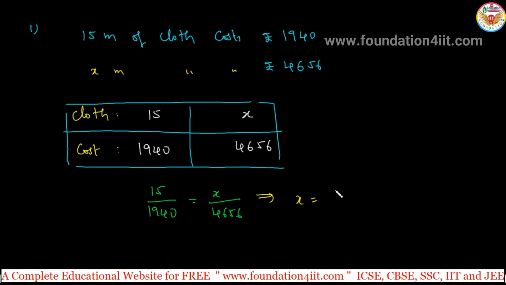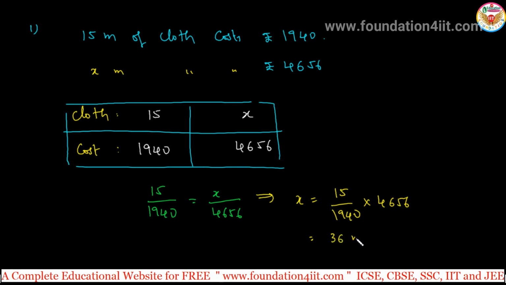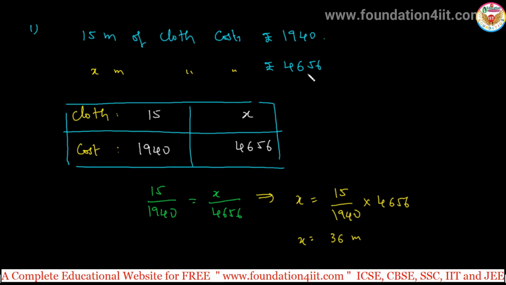X is equal to 15 by 1940 times 4656. You can simplify this and you'll get 36 meters. I'm not showing the calculation, just calculate and you'll get 36 meters. You can cancel the 2 table and the 5 table. So therefore 36 meters of cloth can be bought for 4656. If you make a table like this, it is easy. The first one divided by the second quantity is equal to the first one divided by the second. Any number we can do in this easy way. So this is about direct variation.